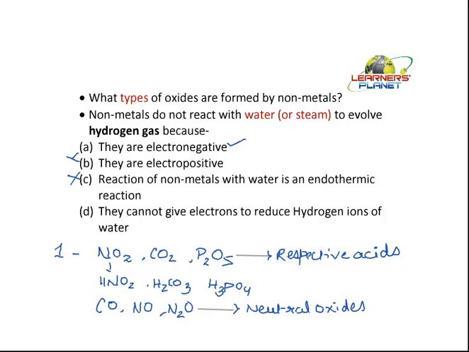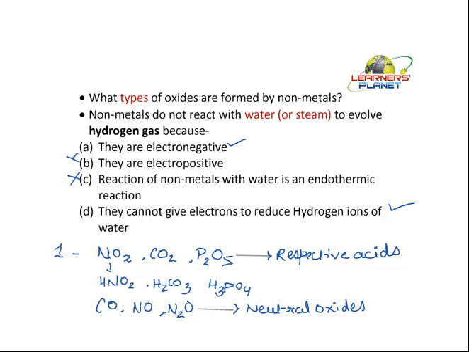Now let's check the last option. Students, don't just mark one option and move to the next question. It might happen that two options are correct. Here, they cannot give electrons to reduce hydrogen ions of water. So both A and B are correct.